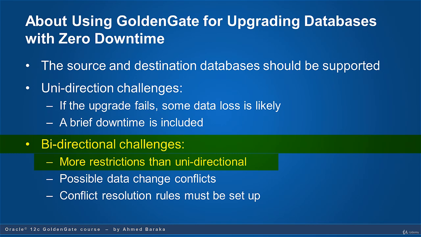We need to study those restrictions before we go on with the bidirectional option. Second, bidirectional replication doesn't always go without data conflicts. For production systems that do not tolerate a single data change lost, this solution could be a real challenge.